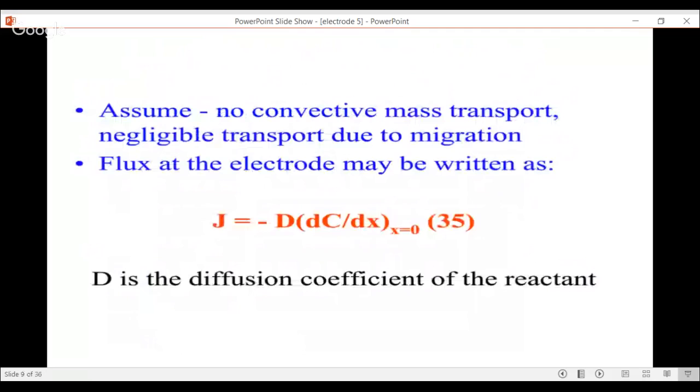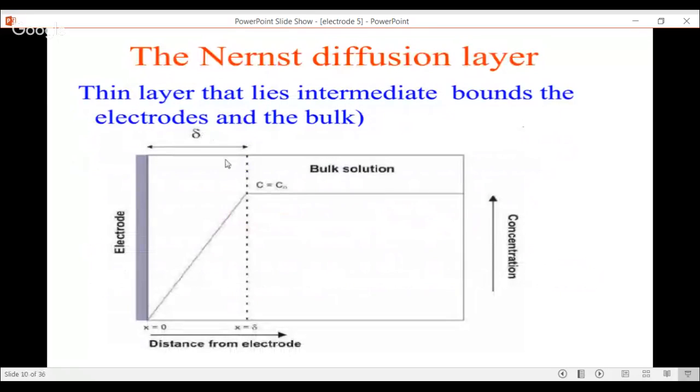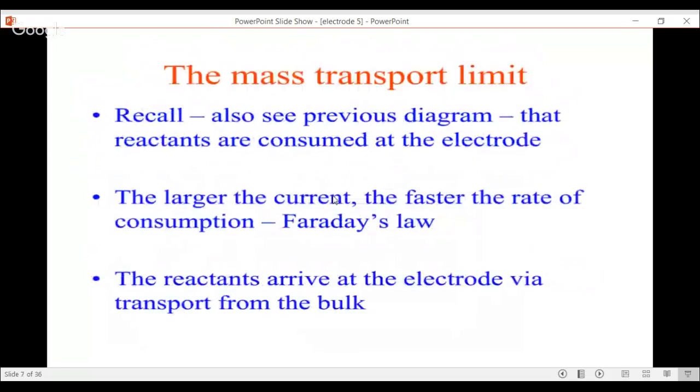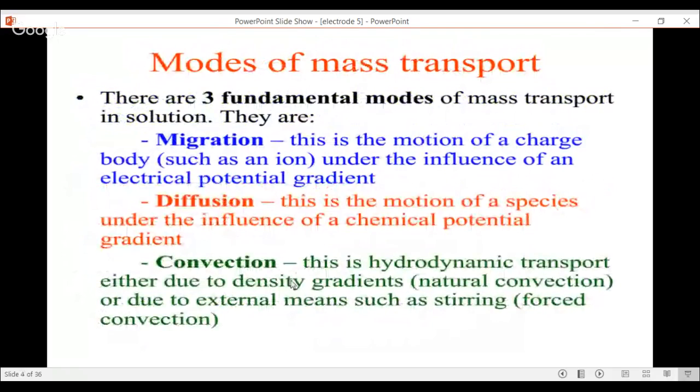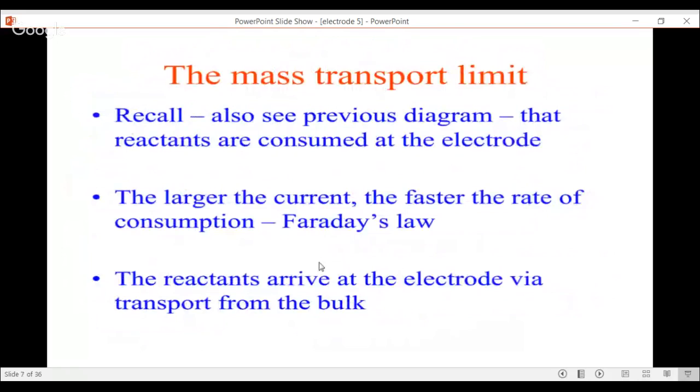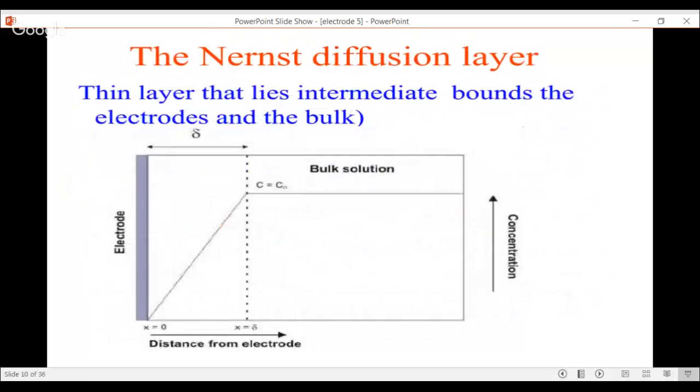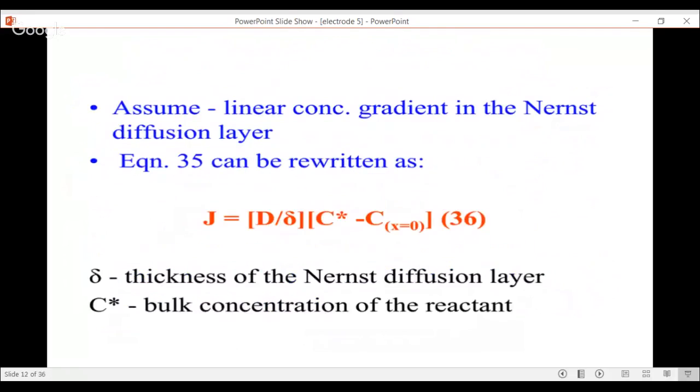Here in this region, the concentration is equal to the bulk concentration, because whatever concentration changes take place are compensated by convection current, either by the density gradients or forced convection.